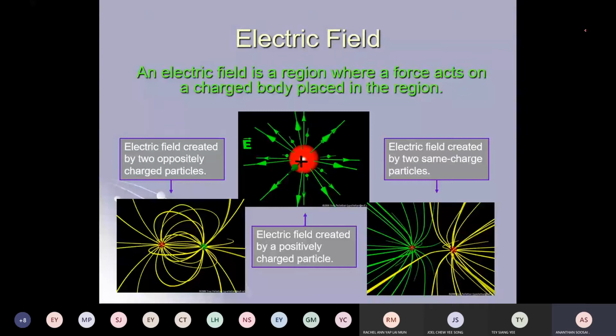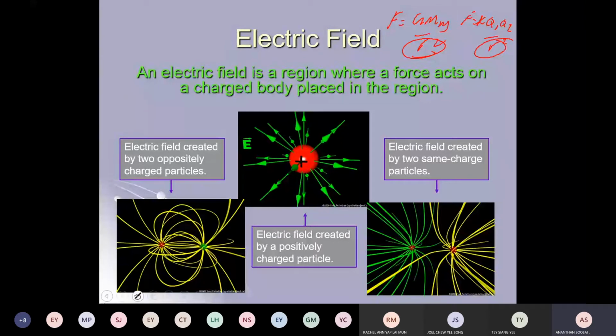That's the similarity. Your gravitational force is F equals G m m over R squared, and your electric force is K Q1 Q2 over R squared. Both forces are inversely proportional to the square of the distance. Okay, so that's about force.